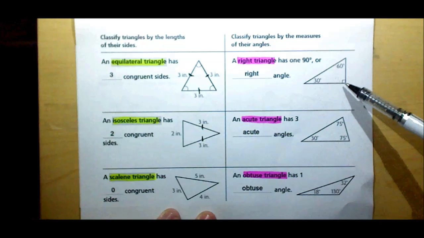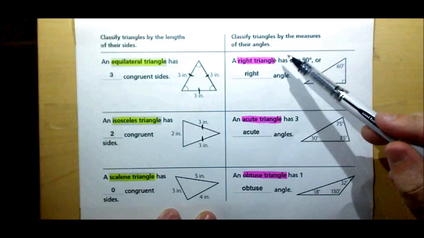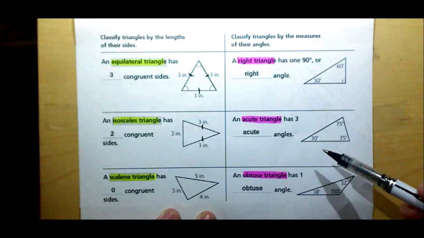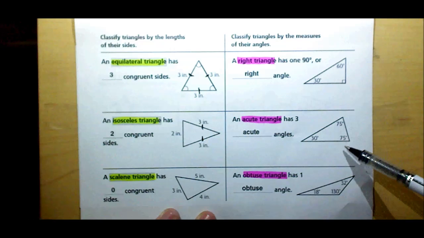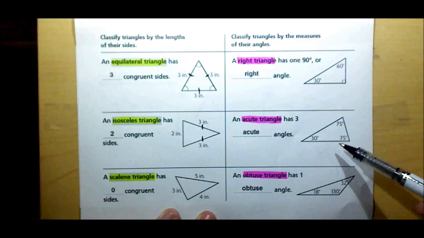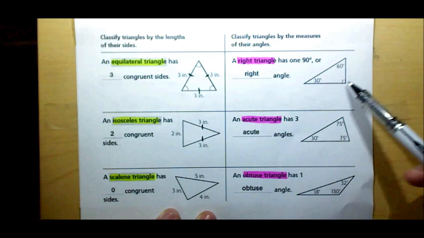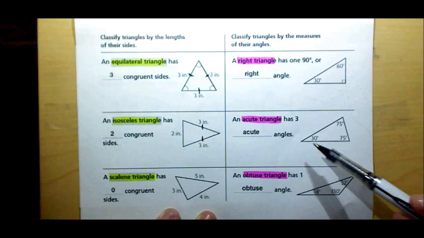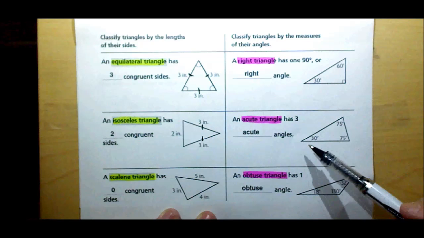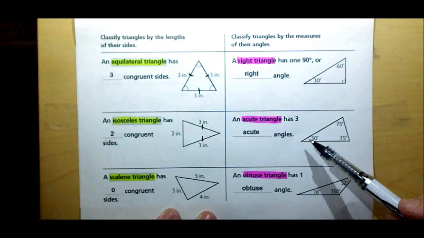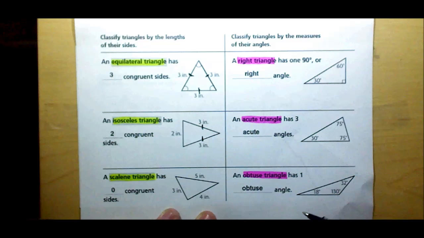And if all three angles are less than 90 degrees, that is, all the angles are acute, less than a perfect corner, then that is an acute triangle.